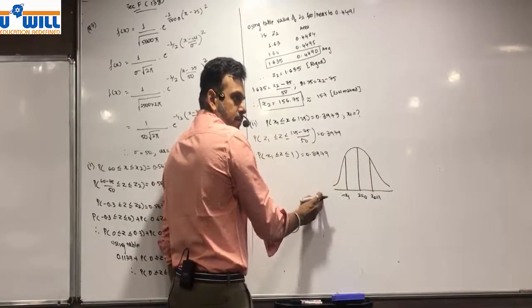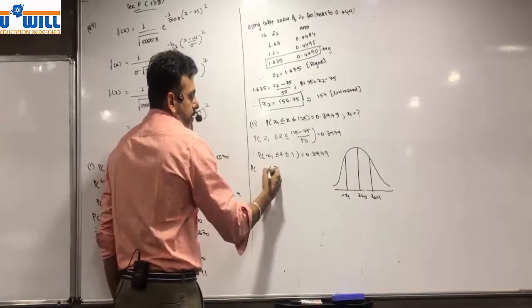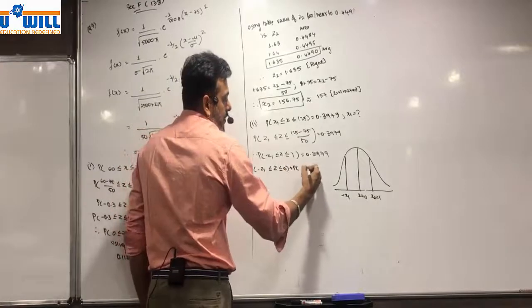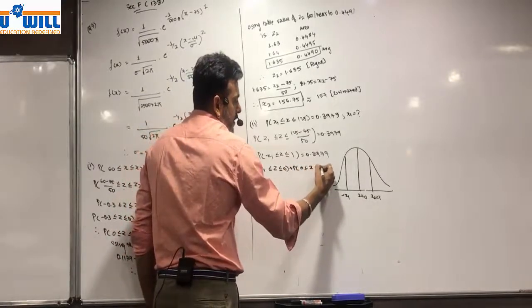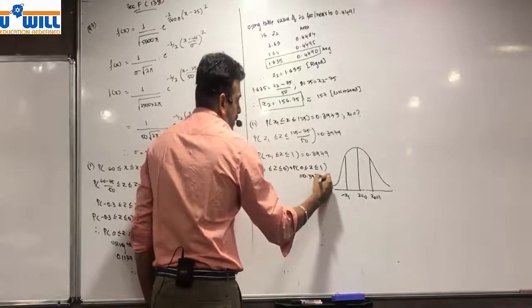Is this clear? Okay. So probability of Z greater than equal to minus Z1 less than equal to 0 plus probability of Z greater than equal to 0 less than equal to 1 is equal to 0.3979.